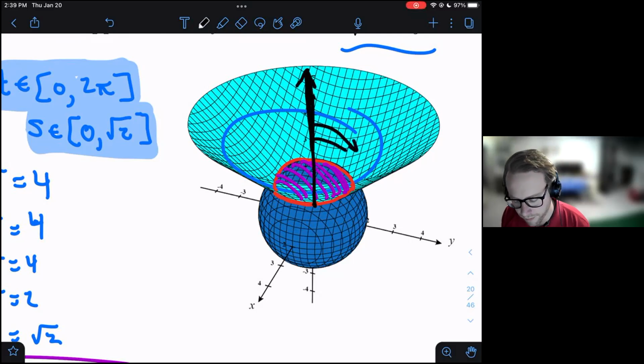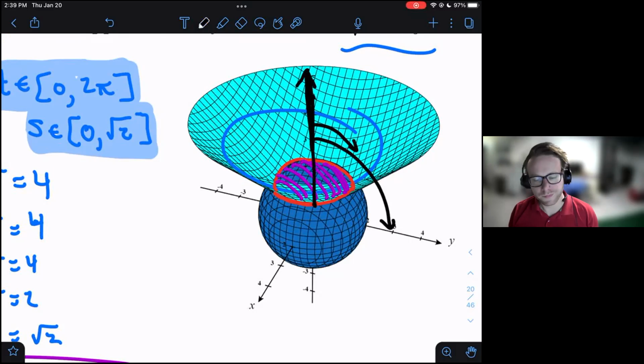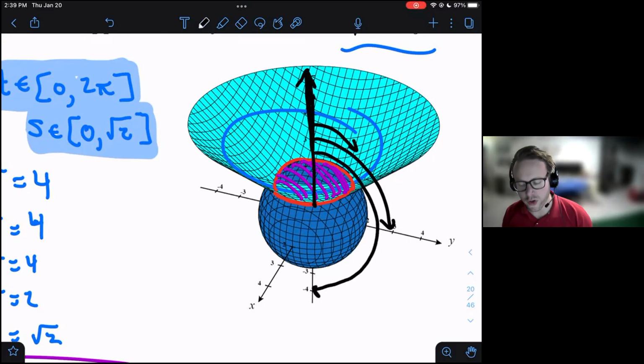If we go all the way down to pi over 2, then we're pointing straight out in the xy plane. If we go all the way to pi, then this is pointing straight down the negative z-axis. But phi is an angle measurement off of the positive z-axis.